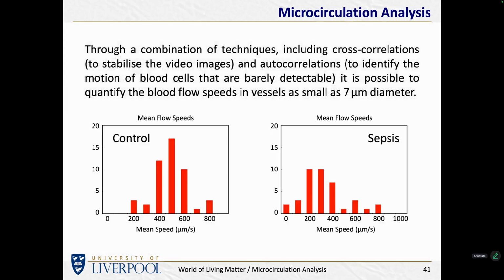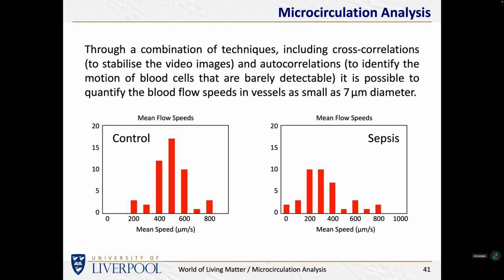And by taking videos from healthy patients and seeing what sort of speed of flow we get when we look at the speed through all of the vessels we can see in a video, we got, for a control set of patients, it looked like, on the whole, for a healthy individual, most of the blood seemed to be flowing at the rate of 500 microns per second, or half a millimeter per second.